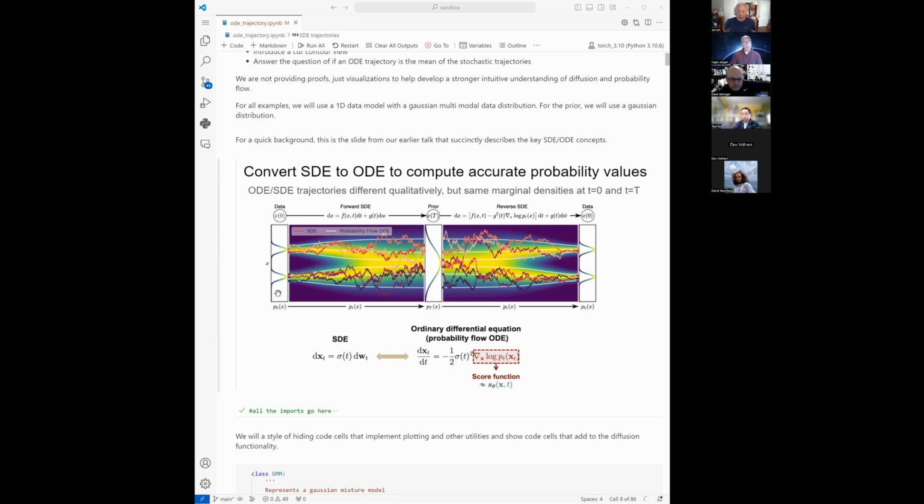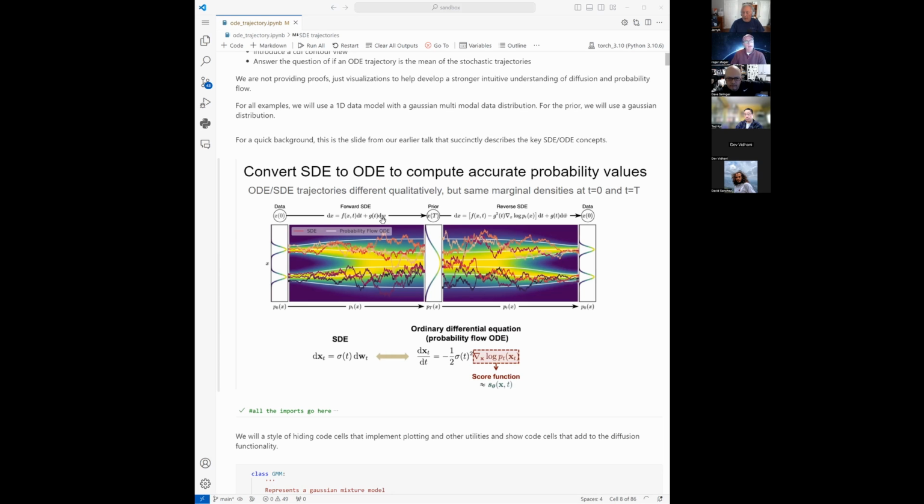You can see that little cursor. This example was copied over from Yang Song's presentation on YouTube. So this is the PDF of the data in the forward direction.